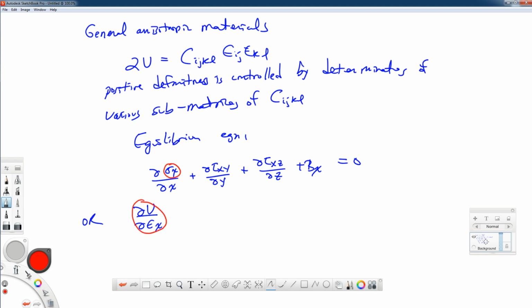It's a partial derivative of U with respect to epsilon x. And what we're doing is we're going to take the partial derivative of that term with respect to x. Likewise, we have some additional terms. We have the partial with respect to y of the partial of U with respect to the engineering shearing strain gamma xy. And we have the partial with respect to z of the engineering shearing strain gamma xz. And then we still have our body force in there right now.